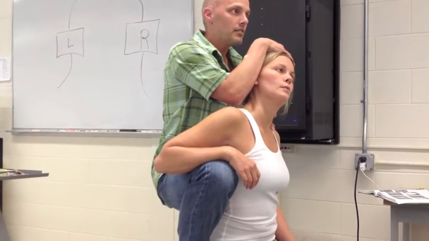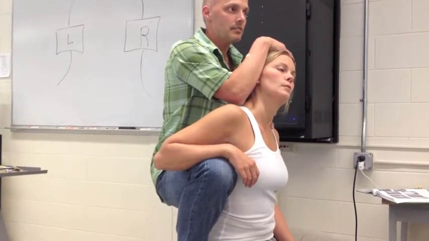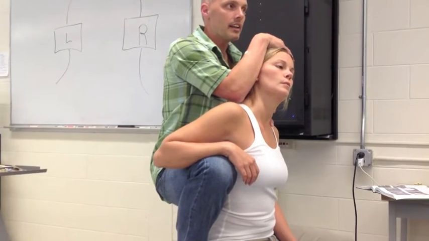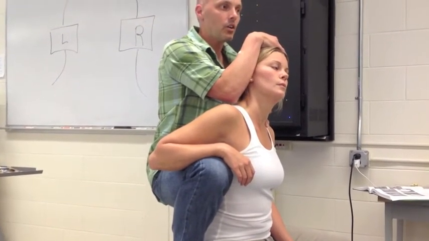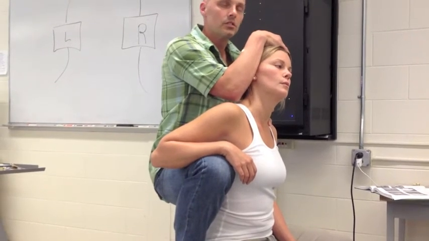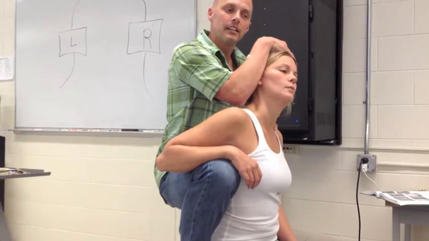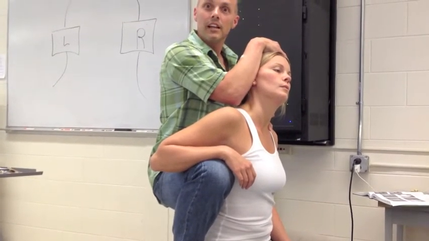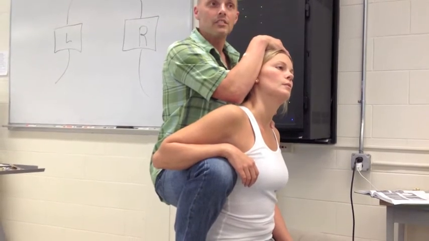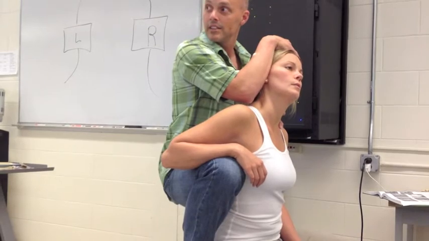So Meg, what I'd like for you to do is try to side bend your head towards the right as you're also trying to rotate left. Good. Hold. Don't let me move you. 2, 3, 4, 5. Relax. I'm keeping her over her base of support, midline neutral. If I go into flexion or extension, I'm now going into type 2 mechanics and I'm going to mess everything up.